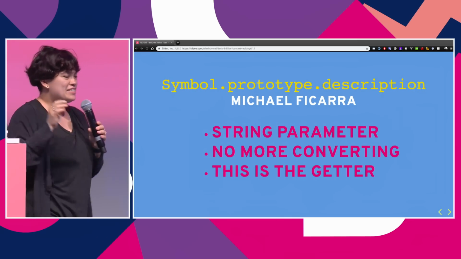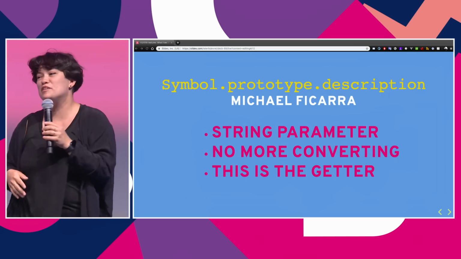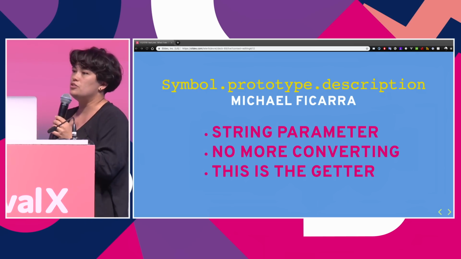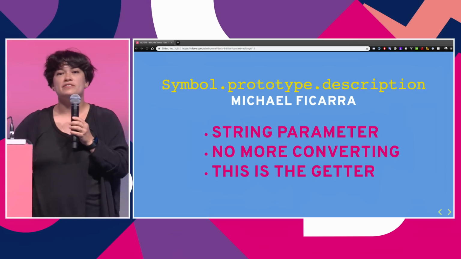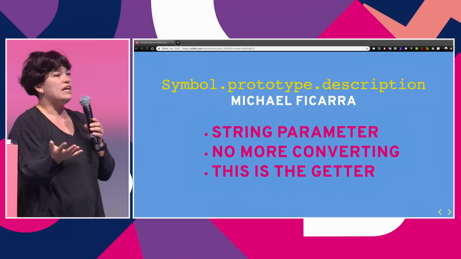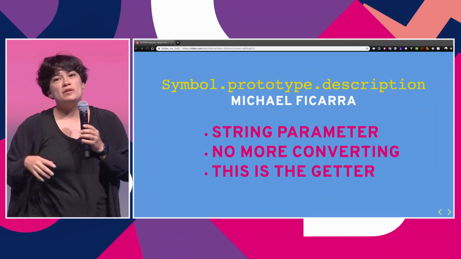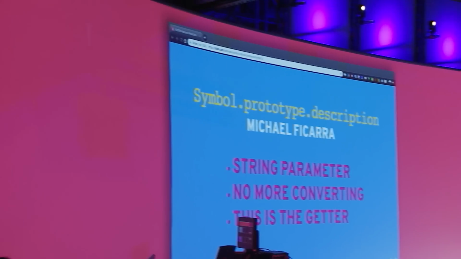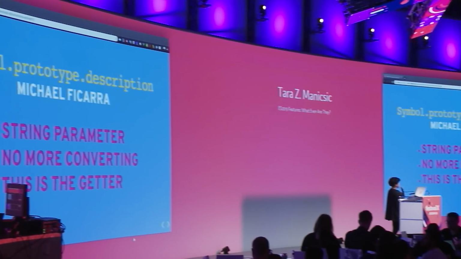Anyway, so Symbol.prototype.description. This is basically a string parameter that you can pass on to symbol and you don't have to convert it anymore to a string. And this basically gives you the getter now for the symbol's description. When they made this, their thought was to help teams communicate across code and communicate their intention for the code.